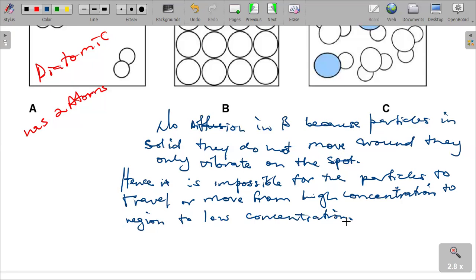They only vibrate on the spot. So that is why we are saying there is no diffusion there. Hence, it is impossible for the particles to travel or move from a high concentration region to a low concentration region.